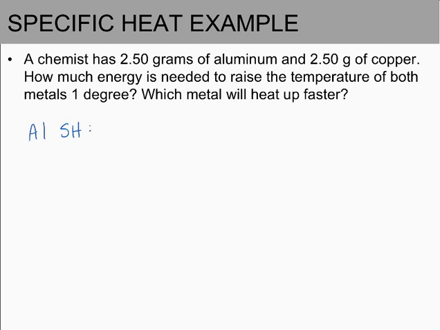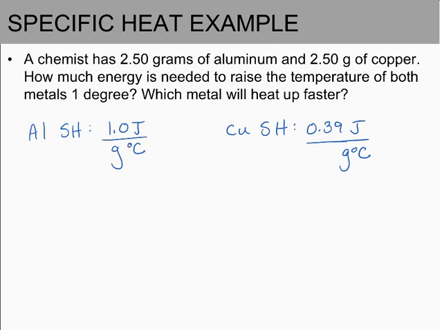So the specific heat for aluminum is 1 joule per gram degree Celsius. We'll say degree Celsius there. And then for copper, its specific heat is 0.39 joules per gram degree Celsius. All right, so we have 2.5 grams of aluminum.